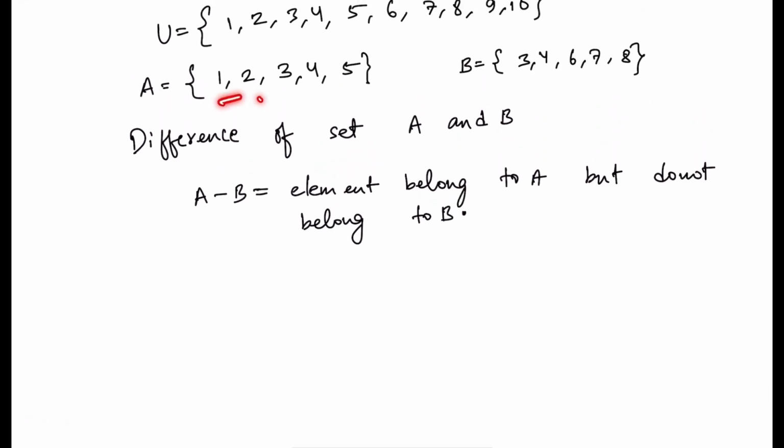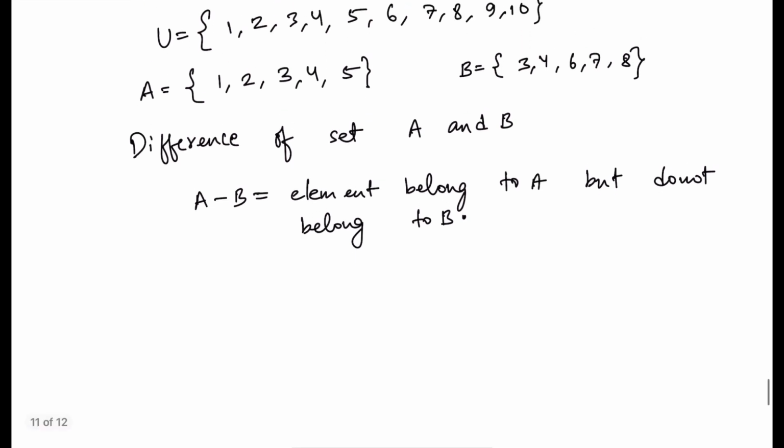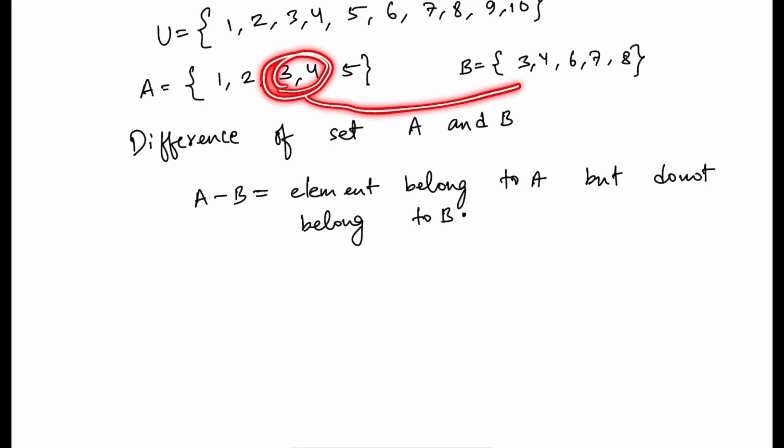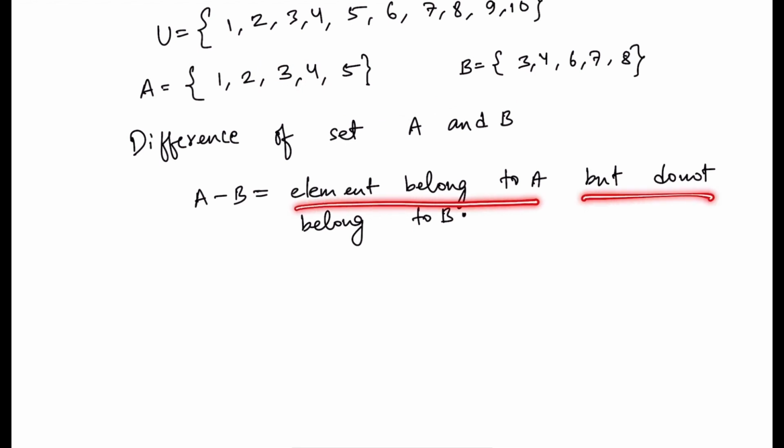Now let's see what elements A has. A has elements 1, 2, 3, 4, 5. Now check among the elements of A which are the elements that belong to B. For example, 3 and 4 already belong to B. So elements of A that do not belong to B are only 1, 2 and 5.